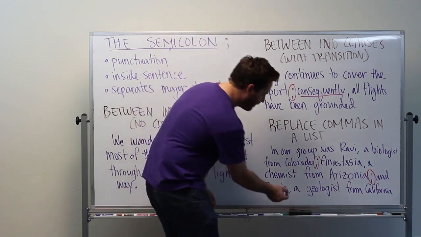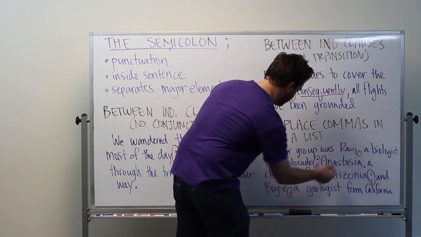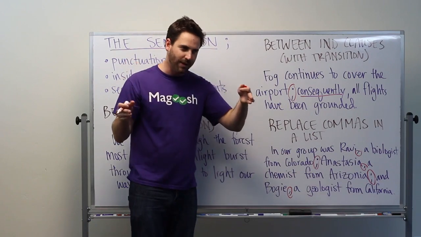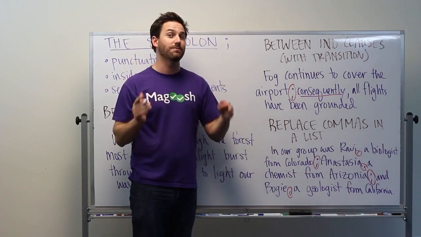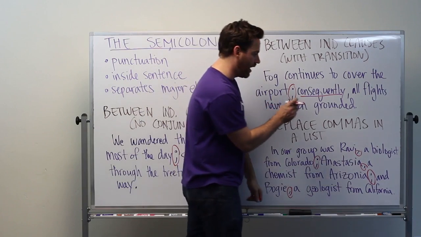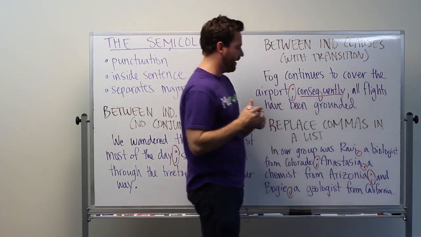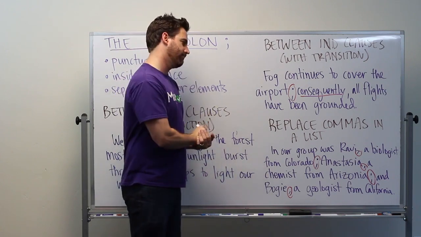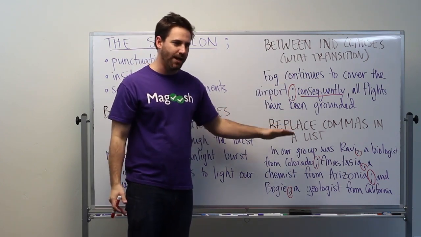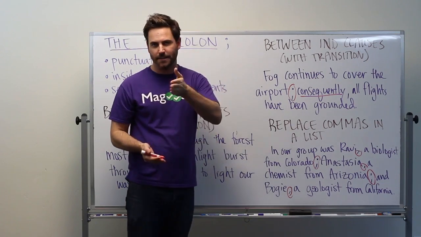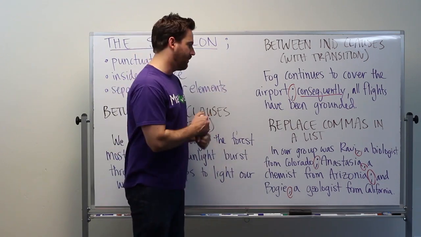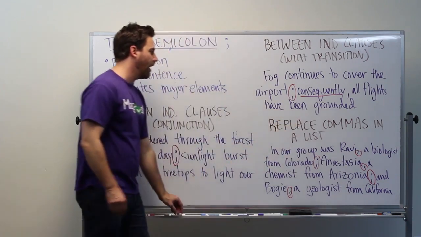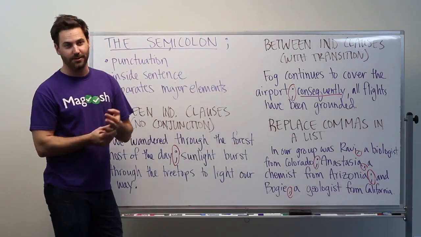So you can see we've got all these commas in our list, and to help distinguish between what punctuation is dividing the list and what punctuation is being used to identify a modifying phrase, we're using a semicolon to make it clear. You'll see this too with addresses or city and states if you're listing those out. But again, this is fairly rare, especially rare for the GMAT, I should say as well.